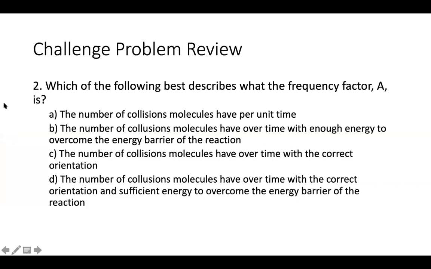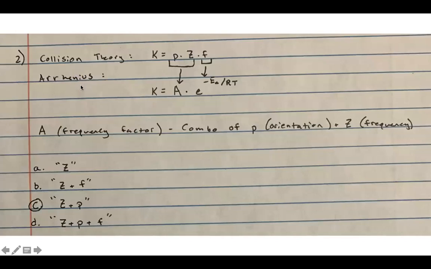Okay, 2, which of the following best describes what frequency factor, or A, is, right? So we see this in the Arrhenius equation. Take note of the options here, but I'm going to compare our Arrhenius equation to the collision theory equation.